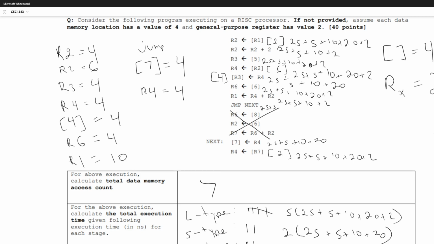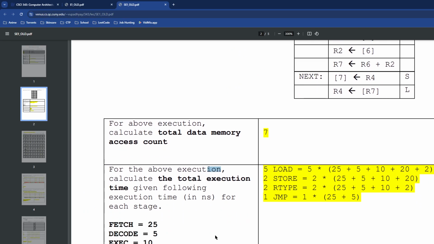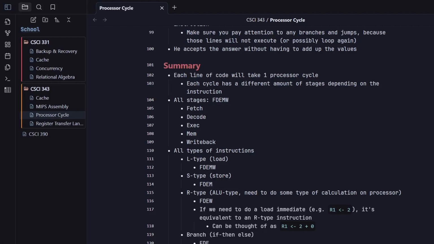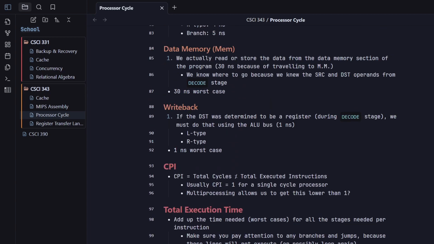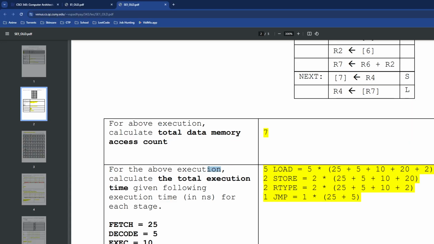I think it's just 10 divided by 10. 10 cycles divided by 10 instructions, which equals 1. Yeah. Oh, it's 10 instructions divided by 10 cycles. So I'm pretty sure it's cycles divided by instructions, but okay. I'm not pretty sure.